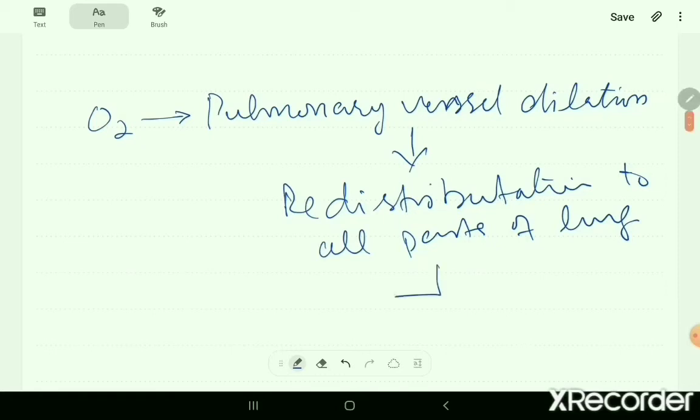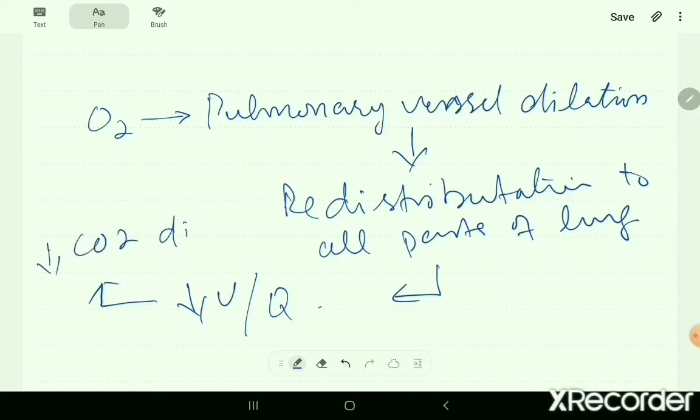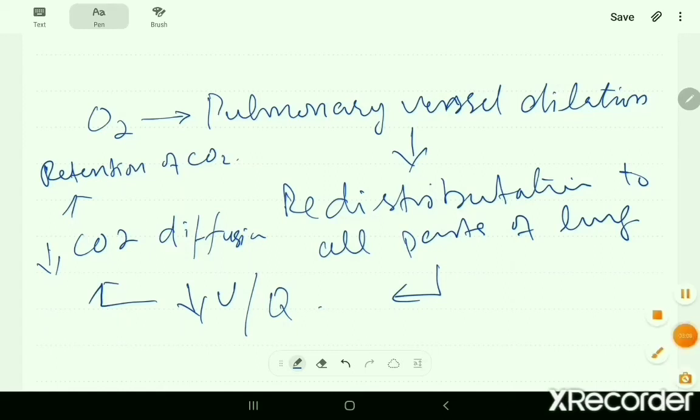So it results in a decreased ventilation perfusion ratio, and it then decreases carbon dioxide diffusion, and it causes retention of carbon dioxide in the body. So this is another way in which oxygen supplementation causes retention of carbon dioxide in a COPD patient.